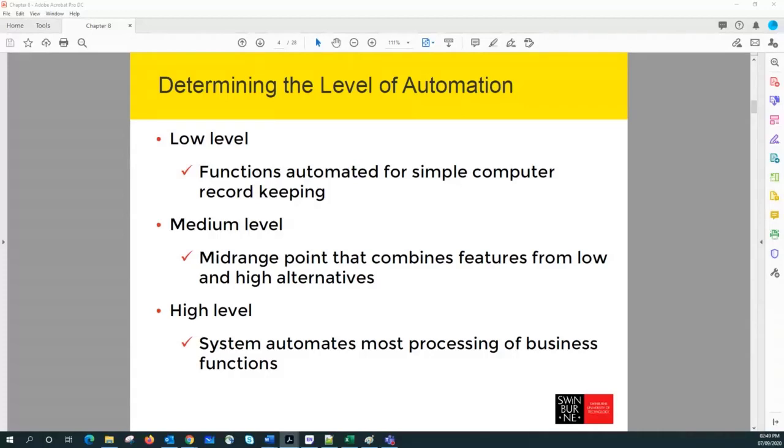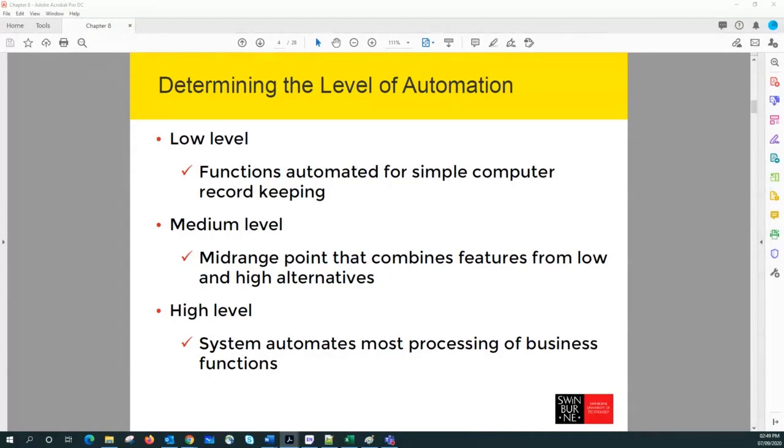At the lowest level, the application probably provides very simple record keeping support, so we can have small data input screens which allow employees or actors to capture some information and insert it into a database, with very simple field edits and validations of input data, right?